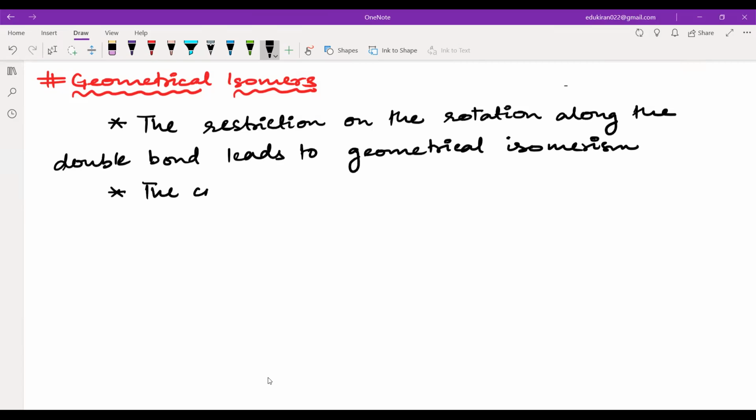The connectivity is same in GI, that is geometrical isomers.